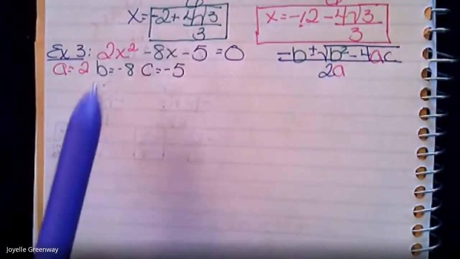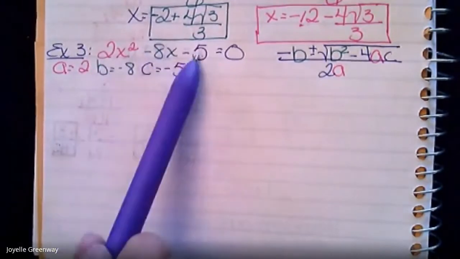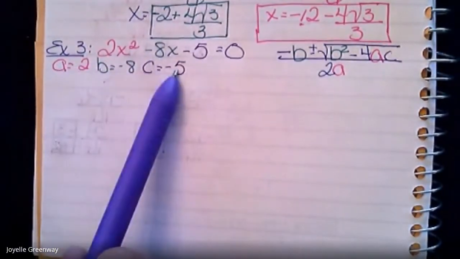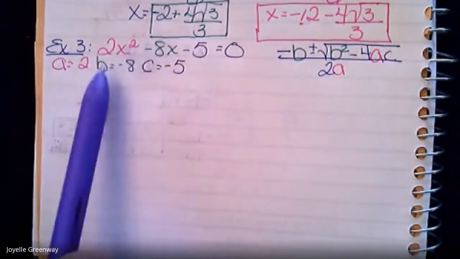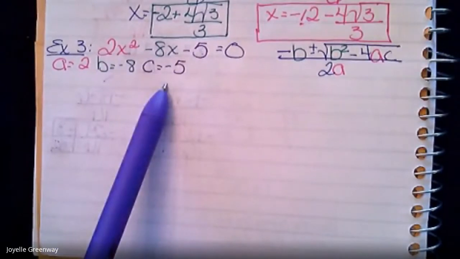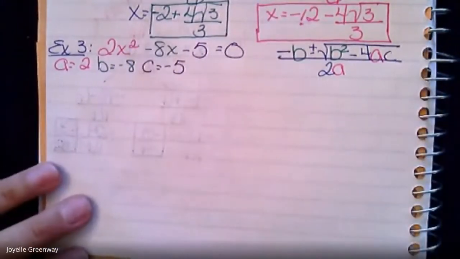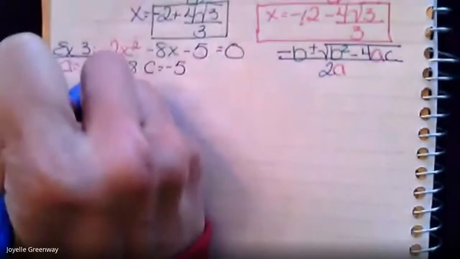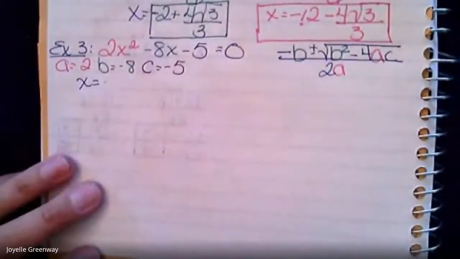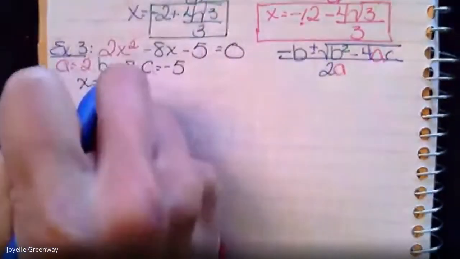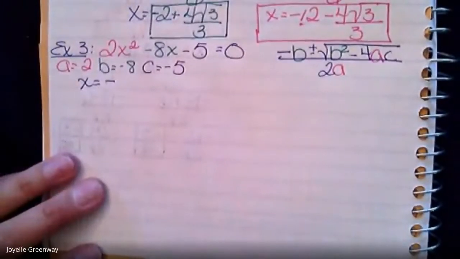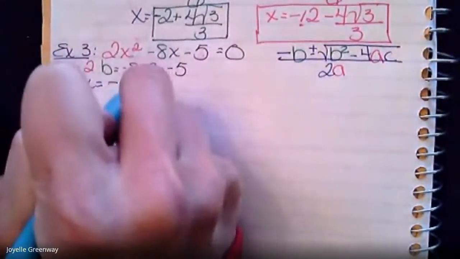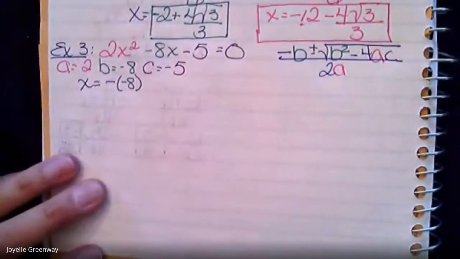So just also make sure you're being careful when you identify your A, B, and C values, because this is where students drop negatives sometimes. Okay, so let's substitute and then simplify. So x is equal to negative b, and b is -8, right?